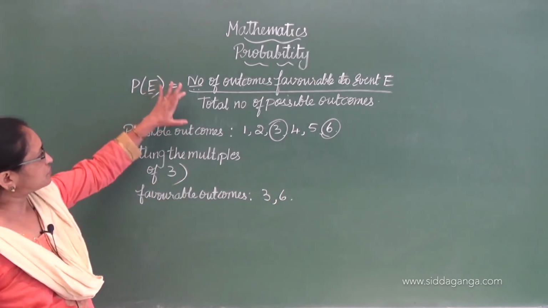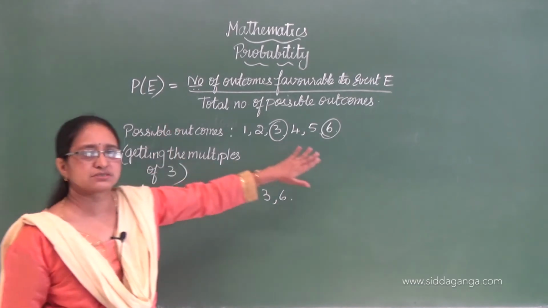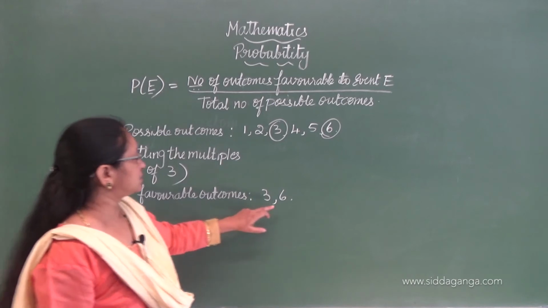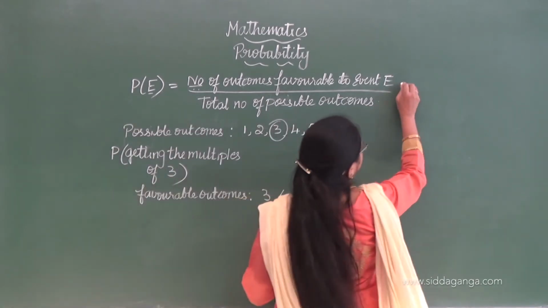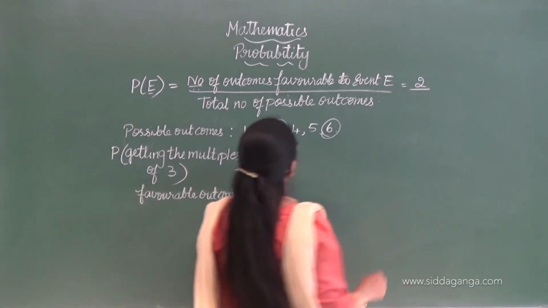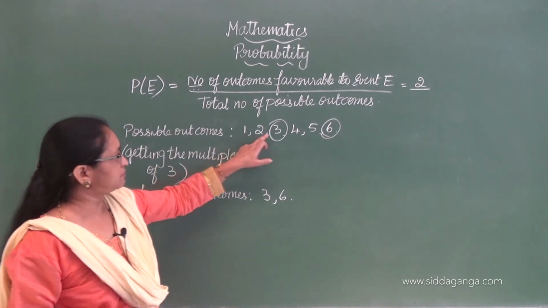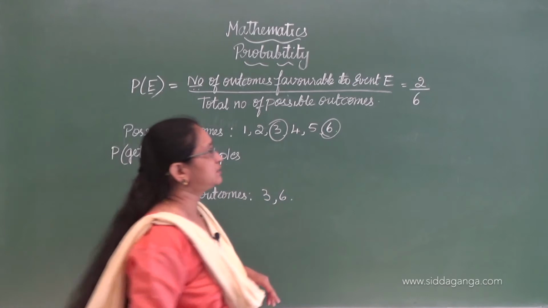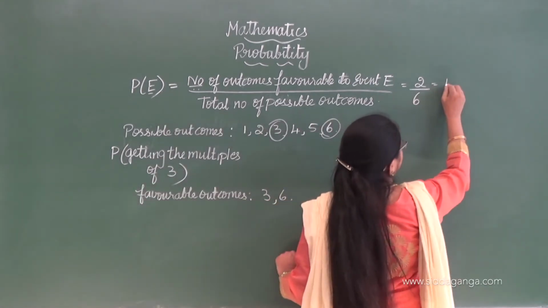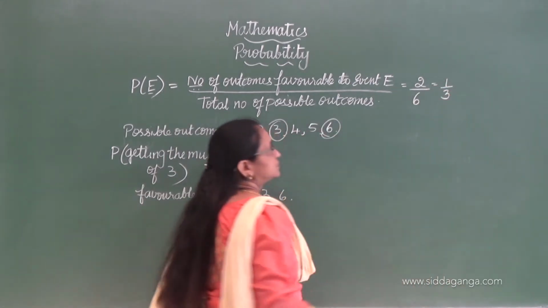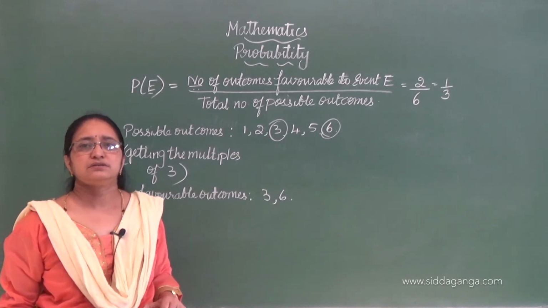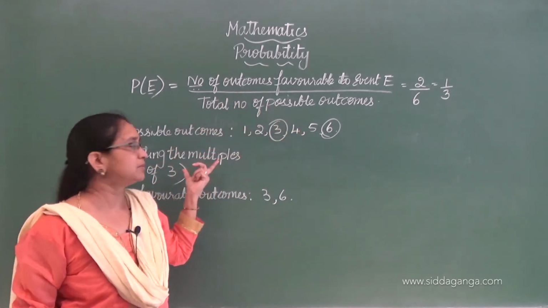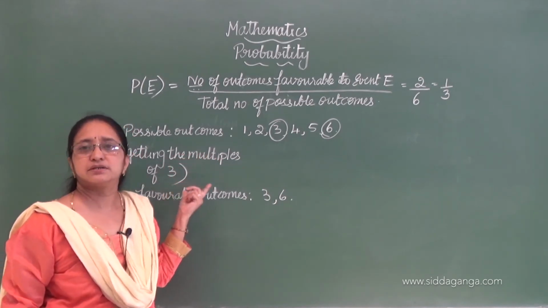Now, according to the formula, what is the probability of this example? Favorable outcomes are 2, so 2 by possible outcomes. How many possible outcomes? 6. You can simplify it: 2 ones are 2, 2 threes are 6, so 1 by 3. This is the formula we use to find the probability of a particular event.